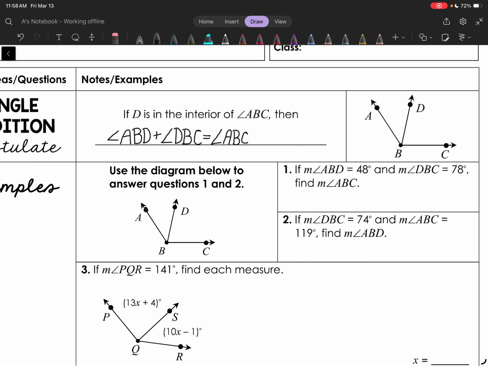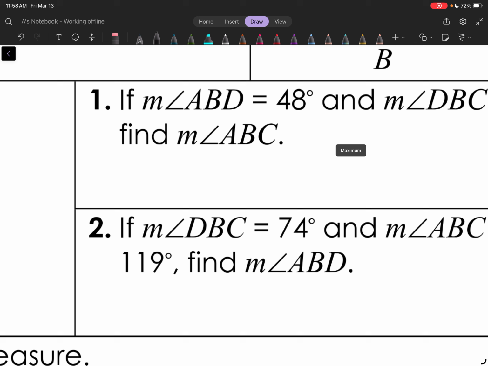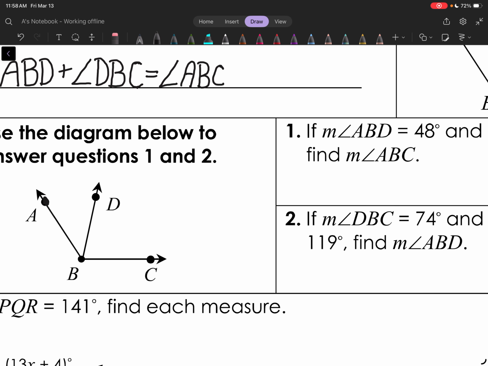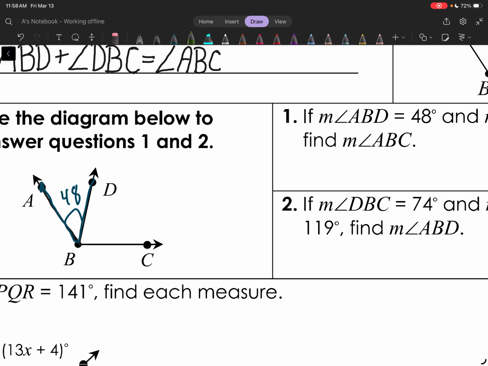Use the diagram below to answer questions 1 and 2. If the measure of ABD is 48, so from A to B to D is 48, and DBC is 78, what is ABC?